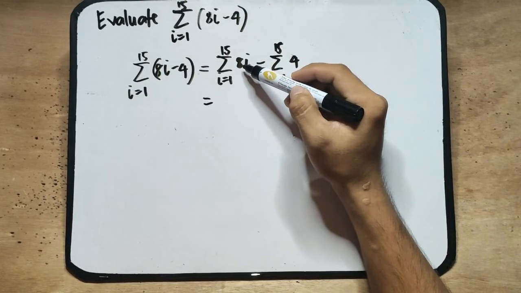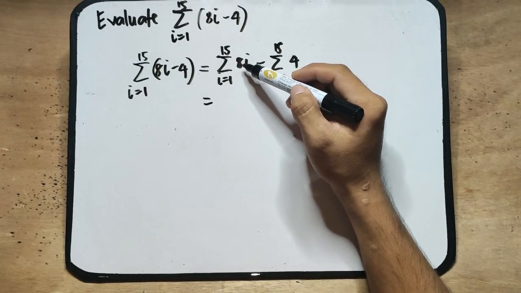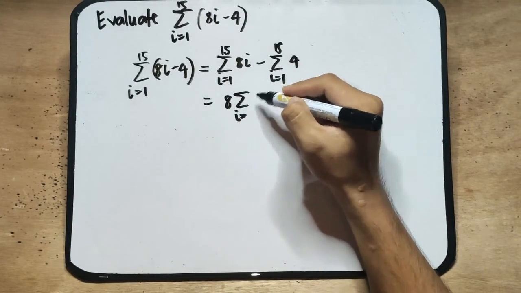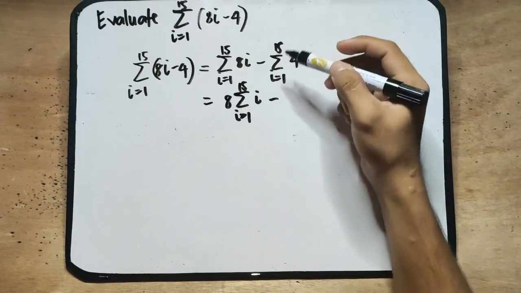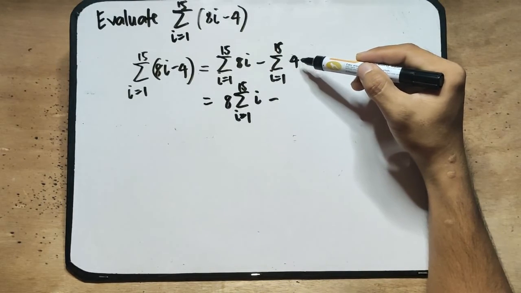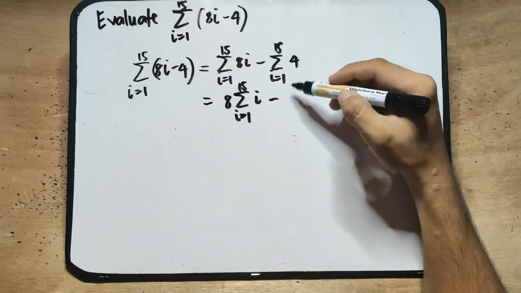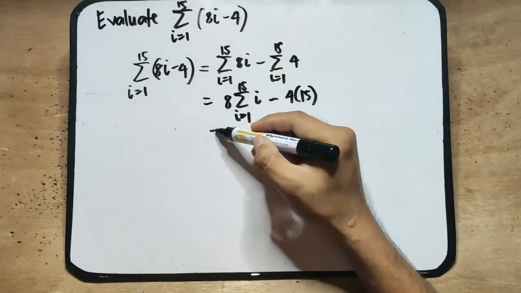Since mayroon tayong numerical coefficient, pwede natin siyang ilabas. So, 8 times the summation of i from 1 to 15 minus, since constant term yung nandito, applying the first property, we just simply multiply 4 doon kay n. So, 4 times 15.